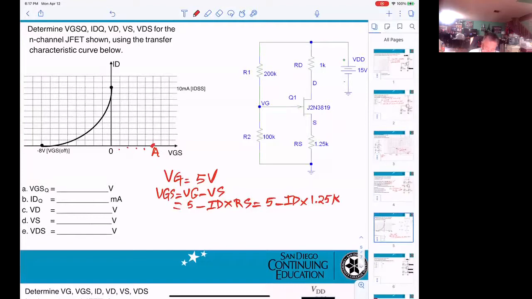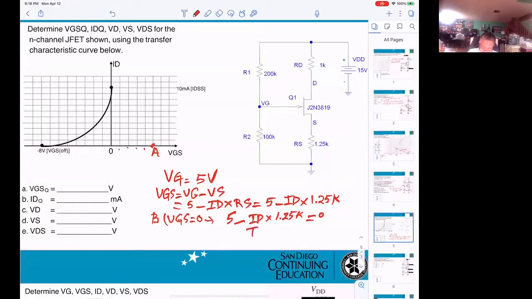Okay, and now if you set the VGS equal 0, point B, then you get 5 minus ID times 1.25 equals 0.